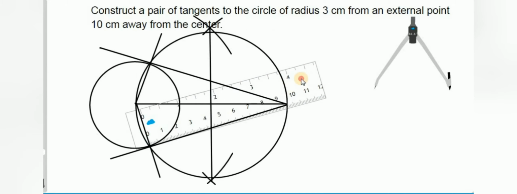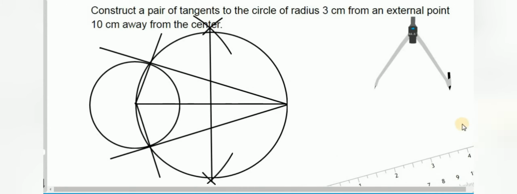So this is the process of constructing the tangents from an external point. That is the first method. The lengths of the tangents are both the same. If you measure the first one, the second one is also the same. So this is the first one.